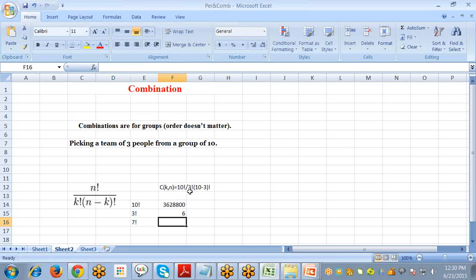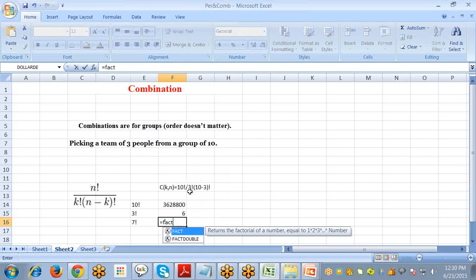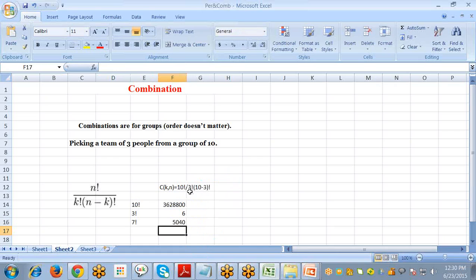So the factorial of 7 will become this. After that we require factorial of k multiplied by factorial of n minus k. So factorial of 3 multiplied by factorial of 7. So type an equal sign, select the cell, multiplication, select the cell, enter.